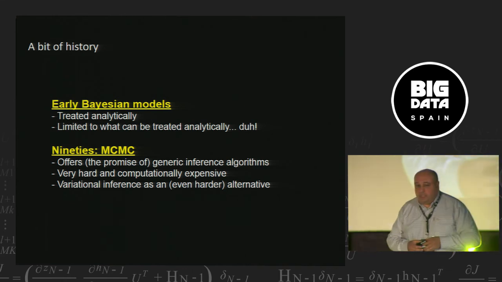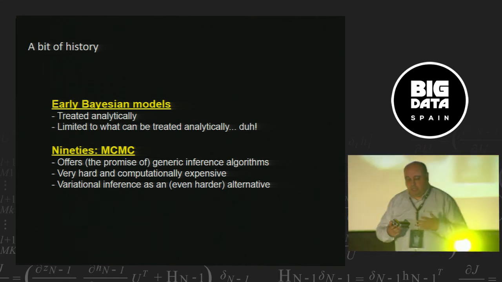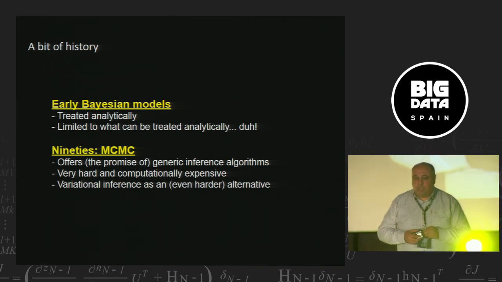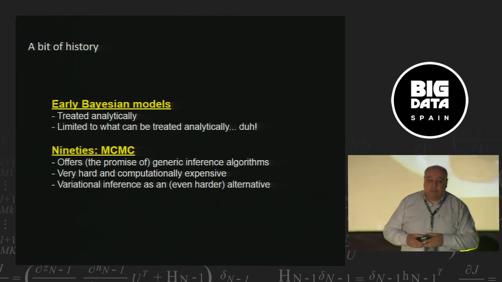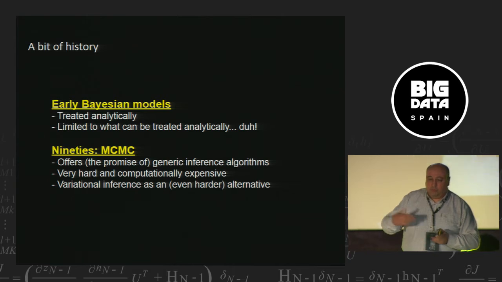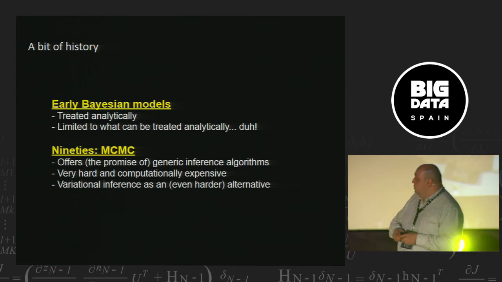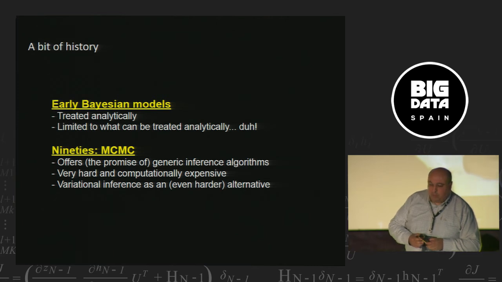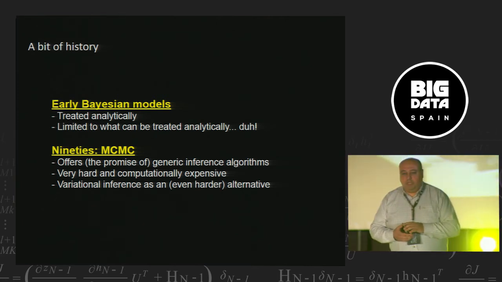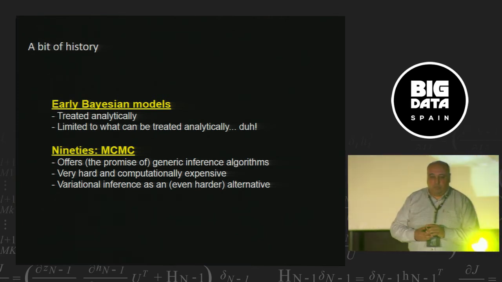The interesting thing about this is that it was a generic mechanism that allows you, for all these kinds of models, to do inference, which is what we're trying to do, to predict the posteriors. The problem is that it was extremely expensive from a computational point of view.